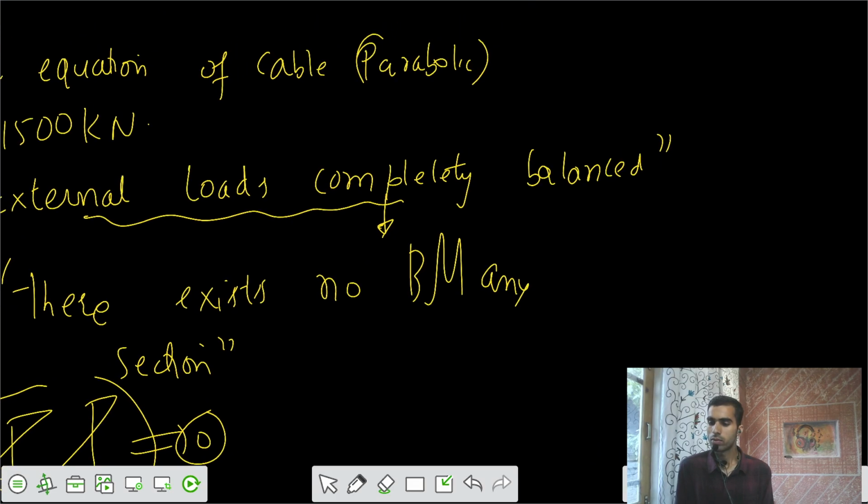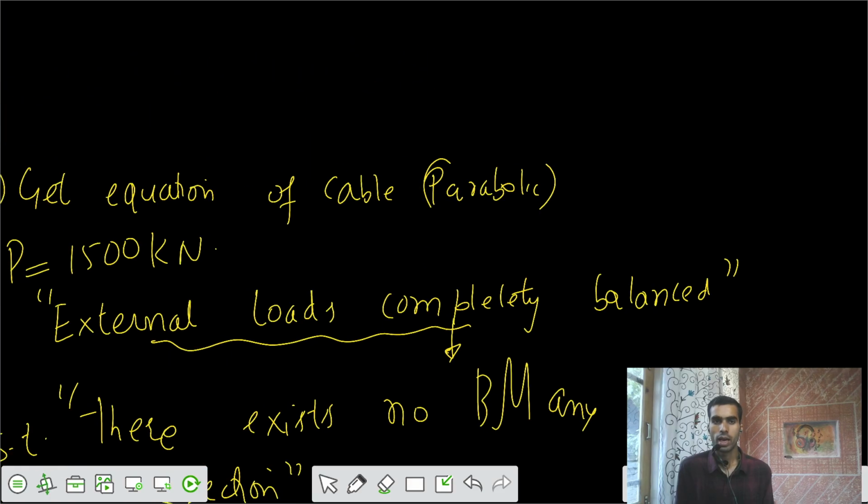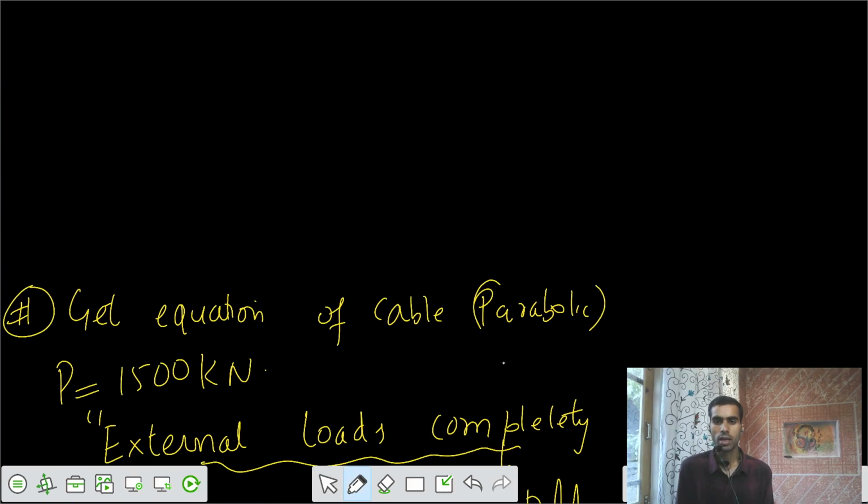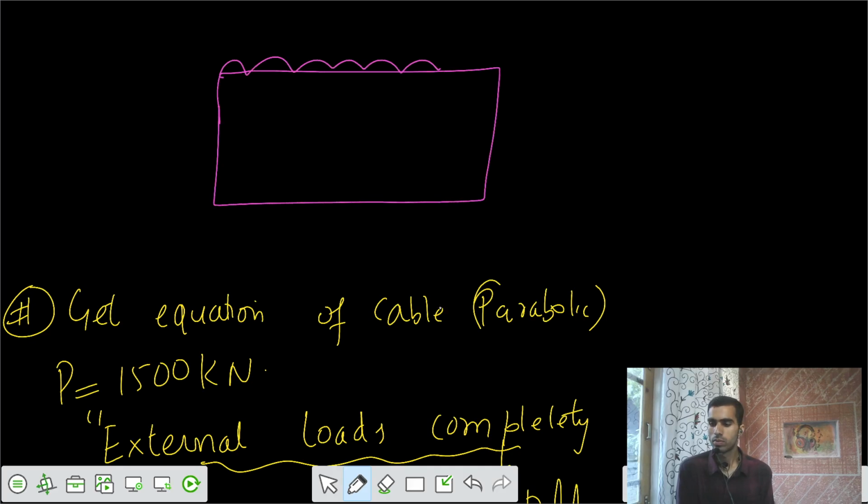So we are providing you a UDL also there. The beam is having some UDL also. Let's say that some external load of 22.2 kilonewton per meter is there, and I would say this is dead load plus live load.